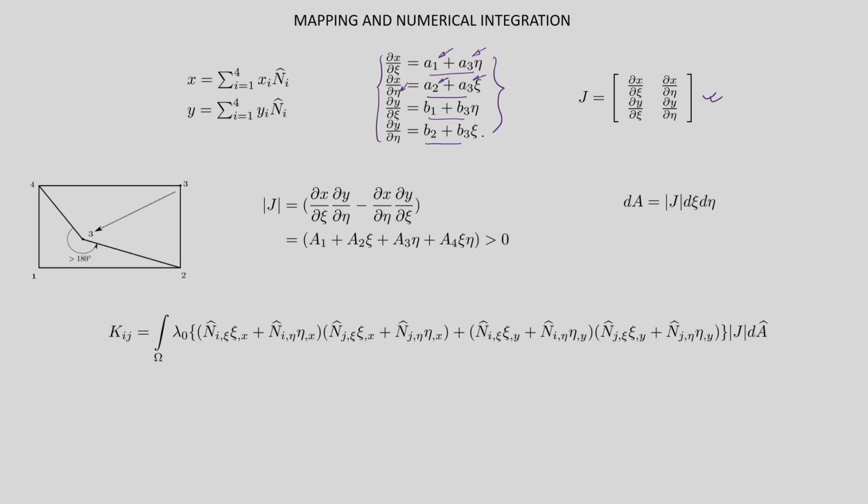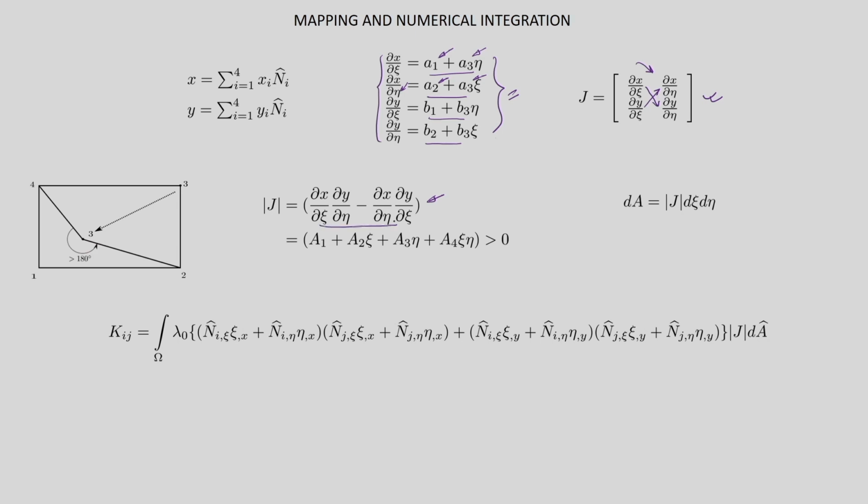So, once we calculate these things, we can now substitute in the Jacobian matrix and take the determinant of the Jacobian matrix. So, that says ∂x/∂ξ into ∂y/∂η minus ∂y/∂ξ into ∂x/∂η.